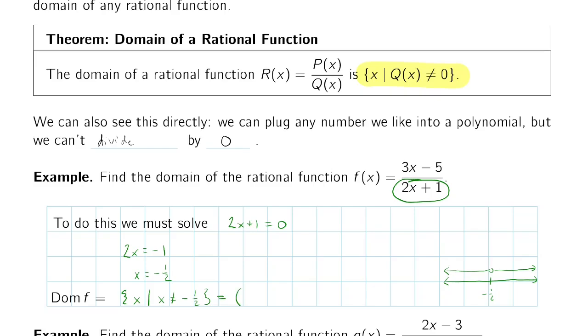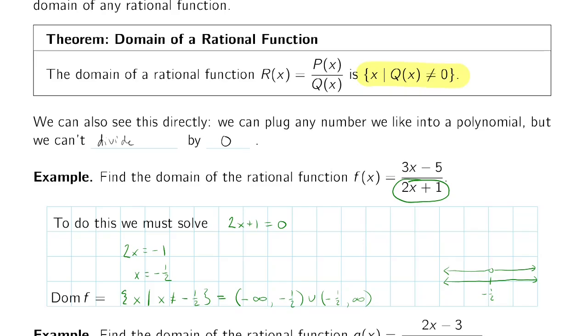So it's negative infinity up to negative 1/2 union with negative 1/2 up to infinity. So that's interval notation for all real numbers except for negative 1/2. Okay, so there's one example.